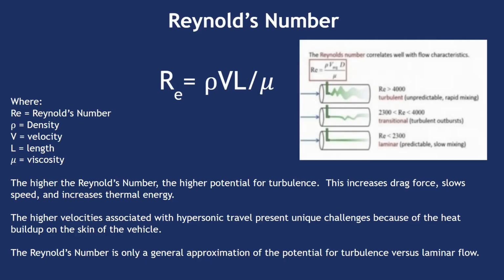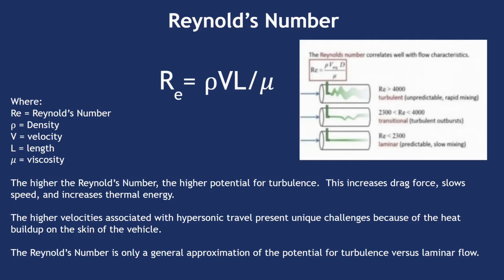But things that increase turbulence include the density, the velocity, and the length. Now, for our discussions, the only variable that we're interested in is velocity, because we're measuring the velocity of an airplane, though it could be the velocity of any object. As velocity increases, the Reynolds number is going to increase as well.